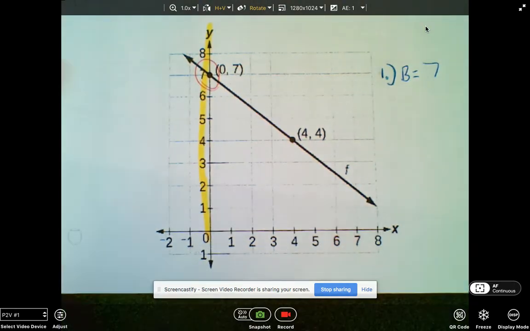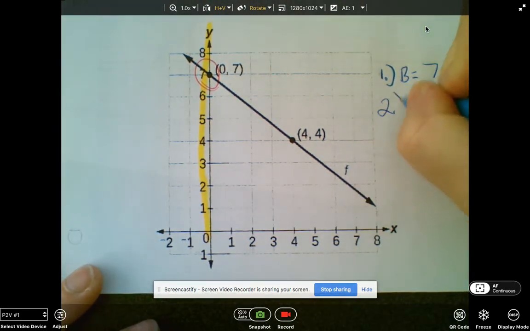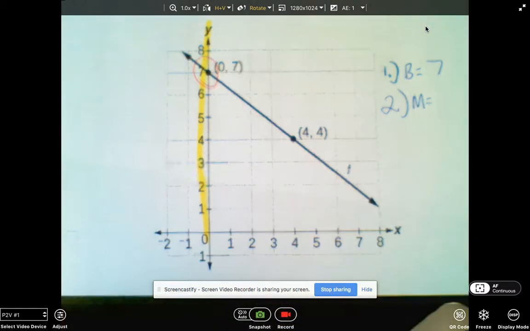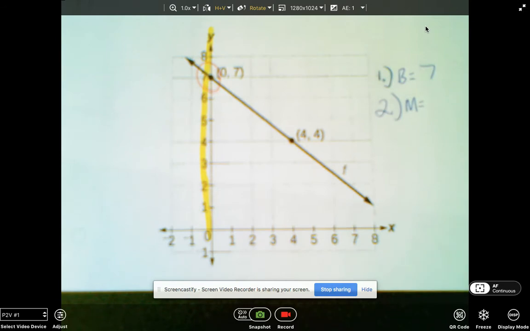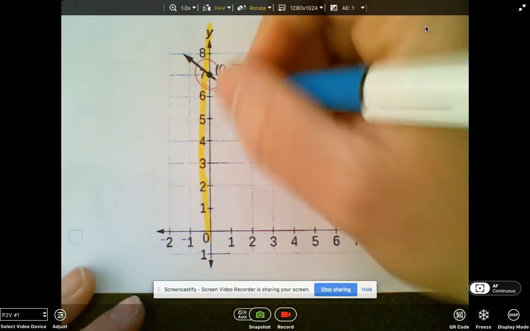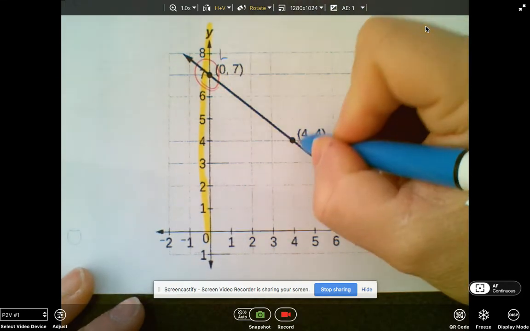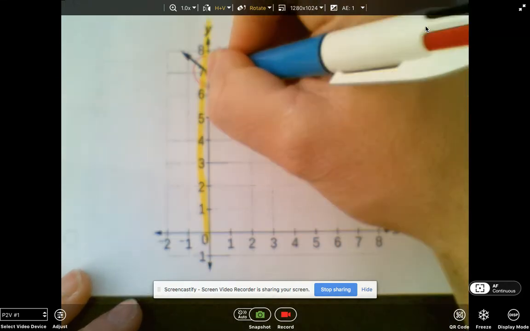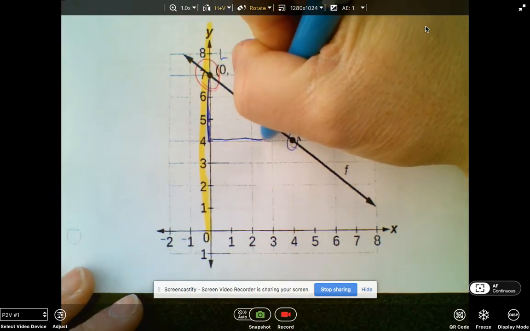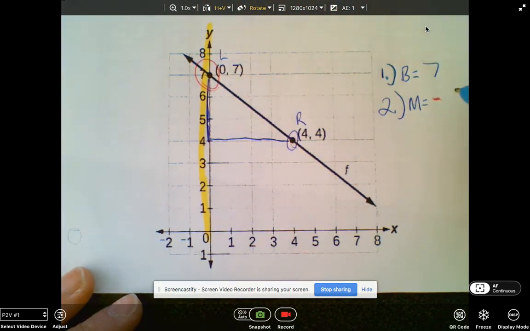All right, step 2 is to find the m, the slope. Before we even start, common sense: is this slope positive or negative? Negative. That's because going from the left point to the right point, you go down 3 over 1, 2, 3, 4. So it's -3/4.